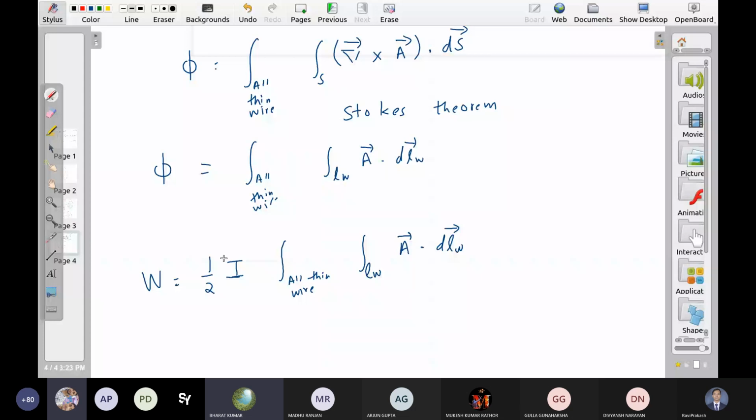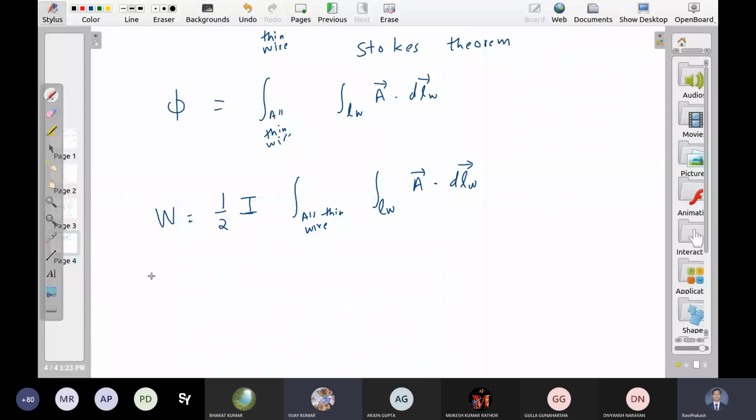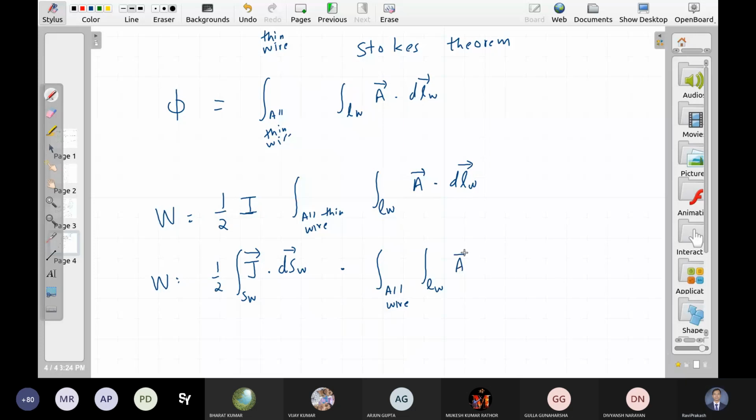Yes, sir. Current in the W wire is the integral over SW of J dot DSW, into the integral over all wires LW of vector A dot DLW. All right.